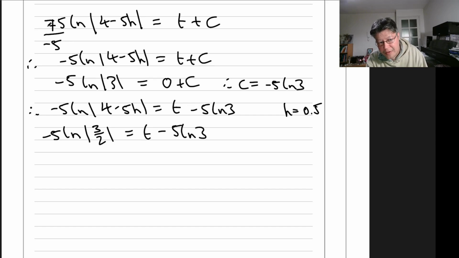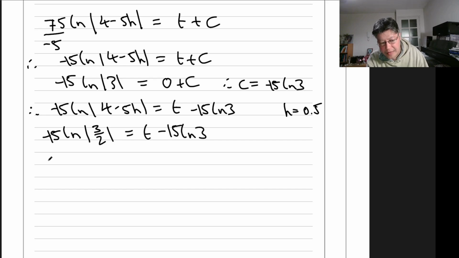I believe 75 over minus 5 is a 15, so that's a 15, and a 15 and a 15. So we get a 15 here, and there was a 15 there. So this is the correct equation, and we can solve this for t.